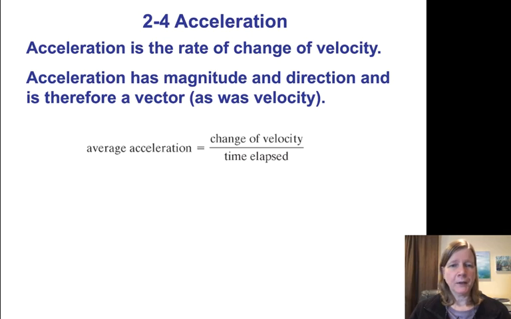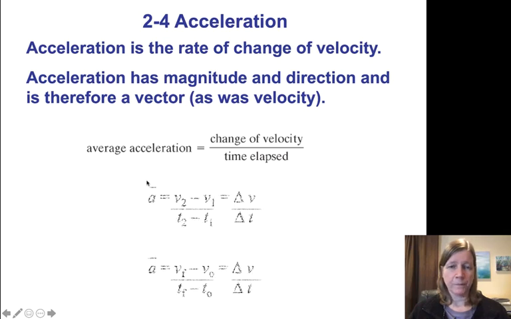Quantitatively, we can calculate the average acceleration as a change in velocity divided by time. That's putting this statement into a more mathematical form. When we find a rate of something, we're dividing by time. So the rate of change of velocity is the change of velocity divided by the time elapsed for that change to occur. That gives us our average acceleration.